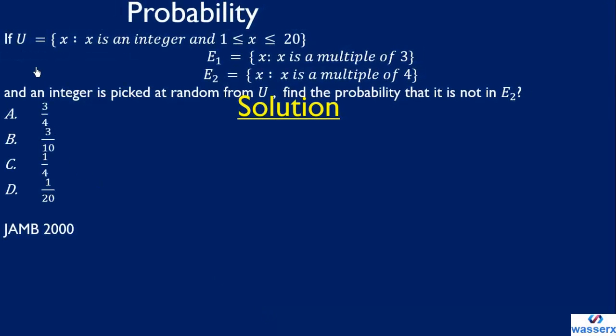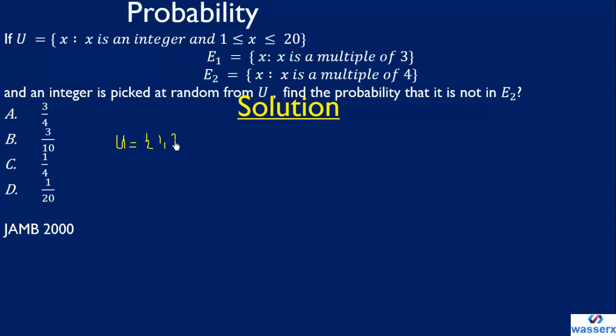We have this one. If U is equal to x such that x is an integer and it is greater than 1 but less than or equal to 20, then the first event E1 is a multiple of 3 and the second event E2 is a multiple of 4. And we have an integer picked at random from U. Find the probability that it is not in E2. Now let's list the elements of the universal set.